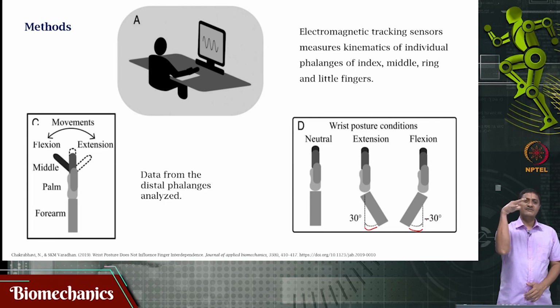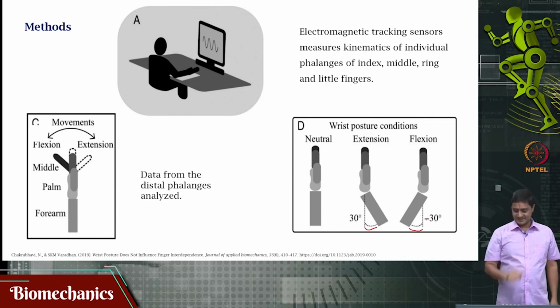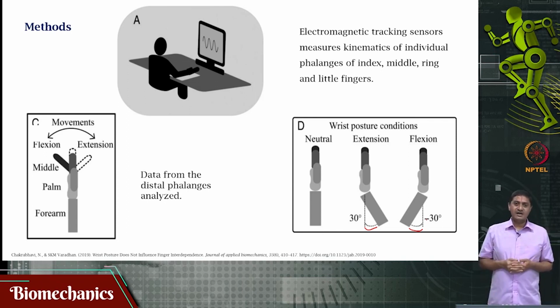Movement was very difficult, they felt uncomfortable, they did not want to participate in that experiment. Likewise, when the wrist was extended to 70, 80 degrees or 60 degrees, they did not really feel comfortable doing the finger movement tasks. Because of this reason, we had to choose joint angles that the participants felt were comfortable.